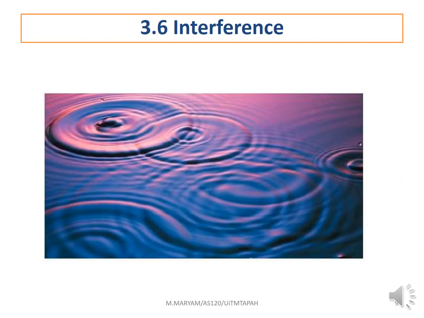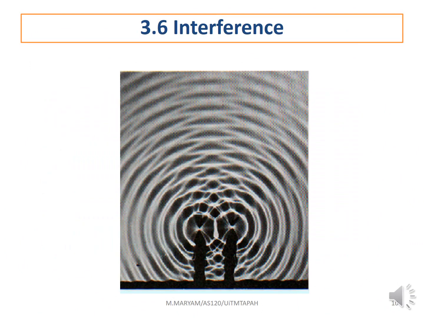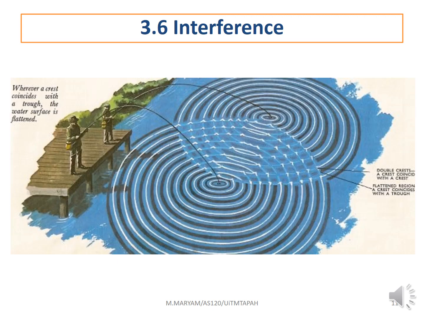Interference. Have you ever seen this kind of situation? What can you see from the figure? There are crests and troughs. Whenever a crest meets a trough, on the horizontal line here, the water surface is flattened. The flattened part is where a crest meets a trough.